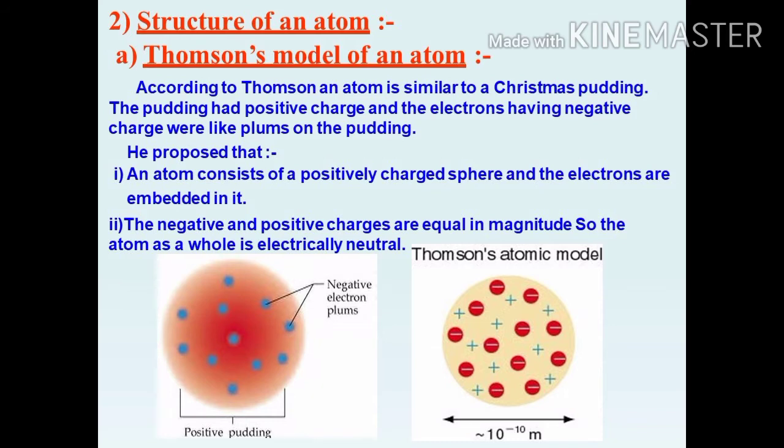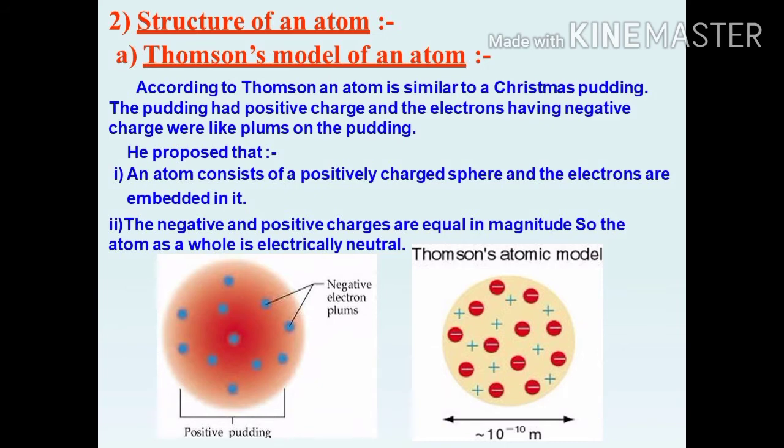An atom consists of a positively charged sphere. The sphere is positively charged with protons and the electrons are embedded in it. The negative and positive charges are equal in magnitude. So the atom as a whole is electrically neutral.